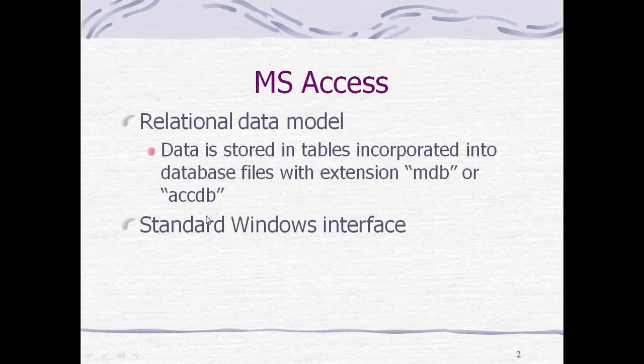MS Access is based on one of the data models called the relational data model. MS Access is also called RDBMS software. Now we have all learned what the relational data model is in our previous module. In our previous section, we learned these data models.